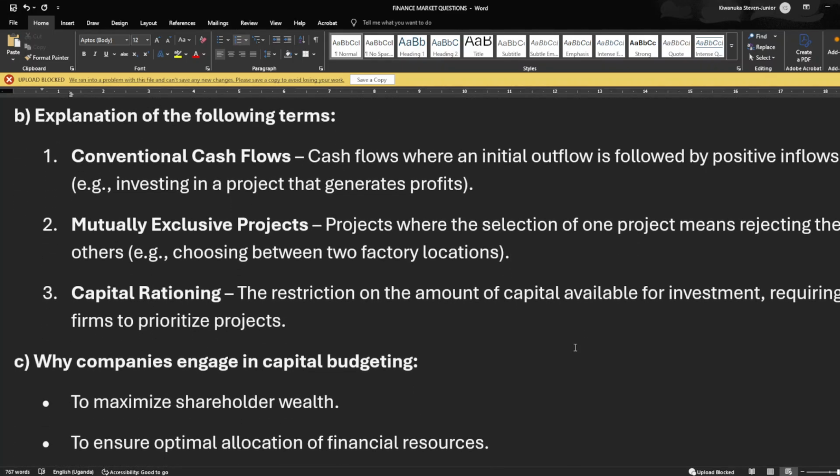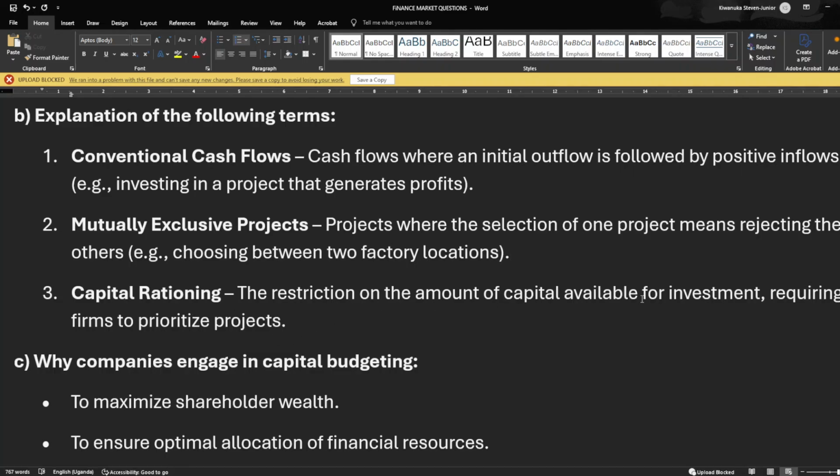What is capital rationing? Capital rationing is the restriction on the amount of capital available for investment, requiring firms to prioritize projects. So the government or a company might do capital rationing.